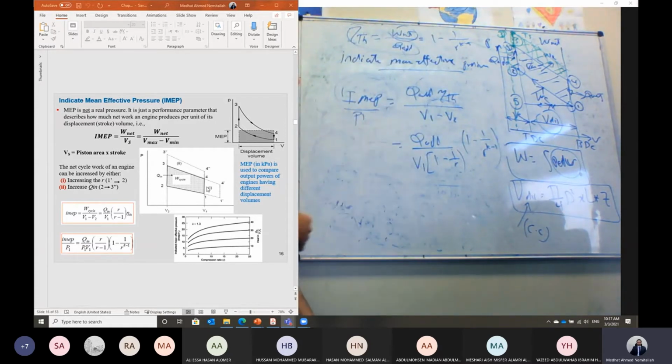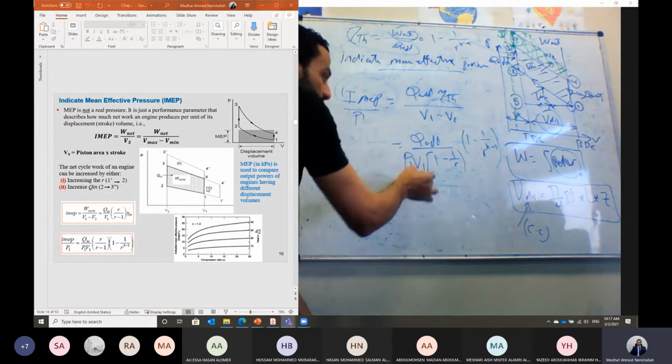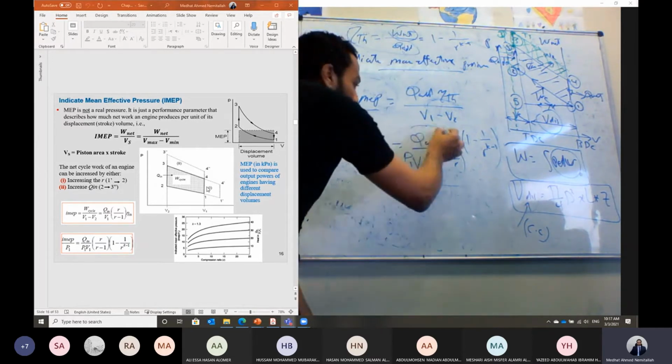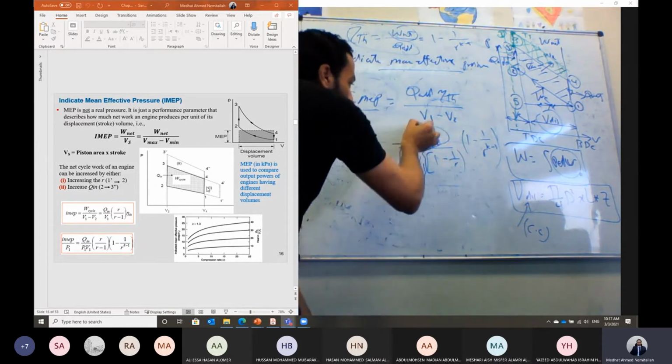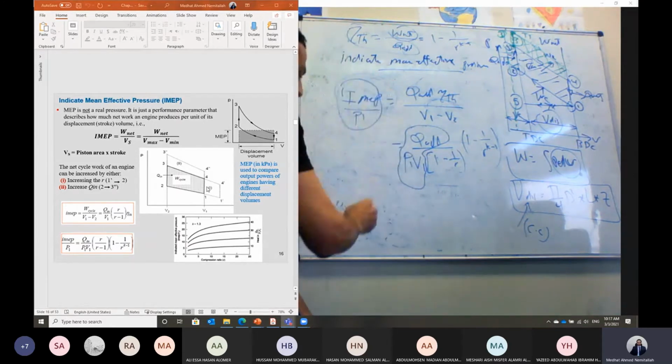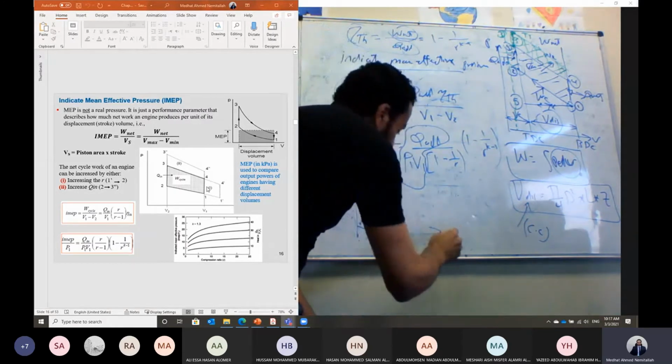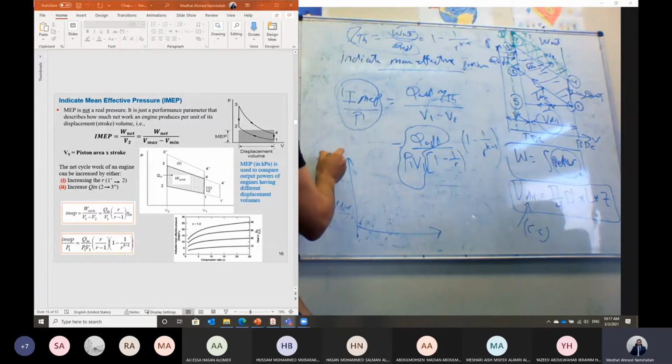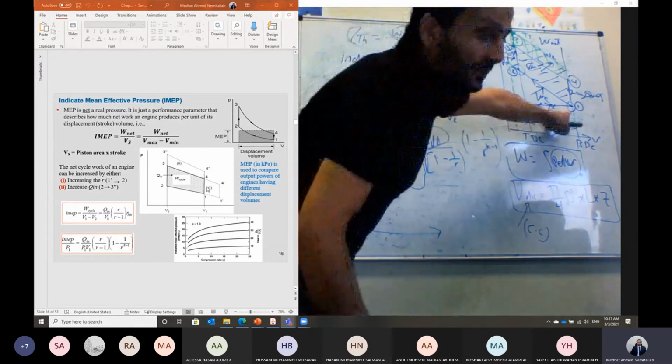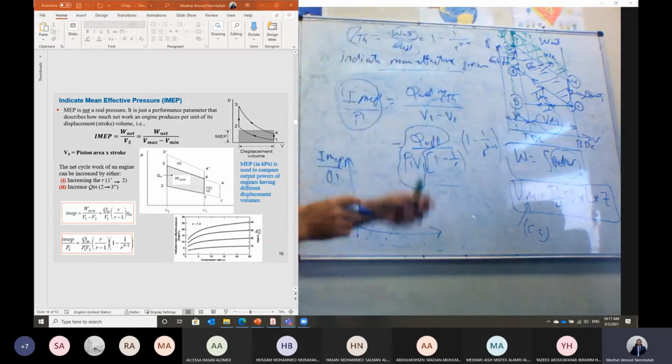If I divide it by pressure P1 and divide here by pressure P1, then in this case we can plot the relation between the indicated mean effective pressure divided by the pressure P1. Pressure P1 is the intake pressure at the inlet section of the cylinder, at the intake manifold.